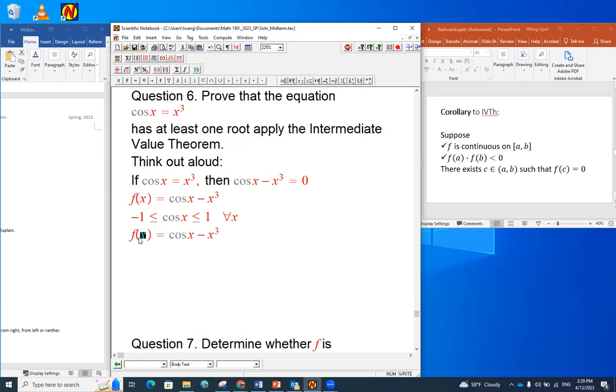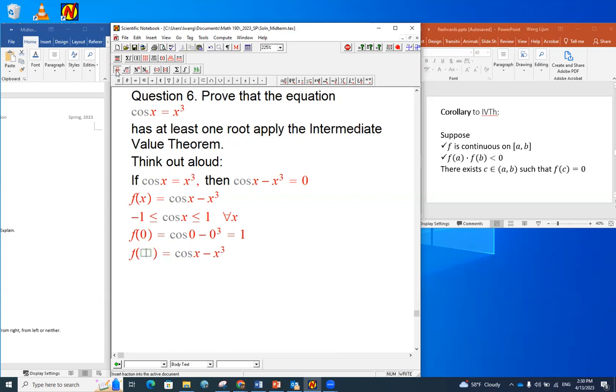So for example, you can try f of 0, cosine 0 minus 0. Cosine 0 is 1, so you have a positive number. So you have an interval, you have a positive number. Can we create a negative number? You think of some of those special values.